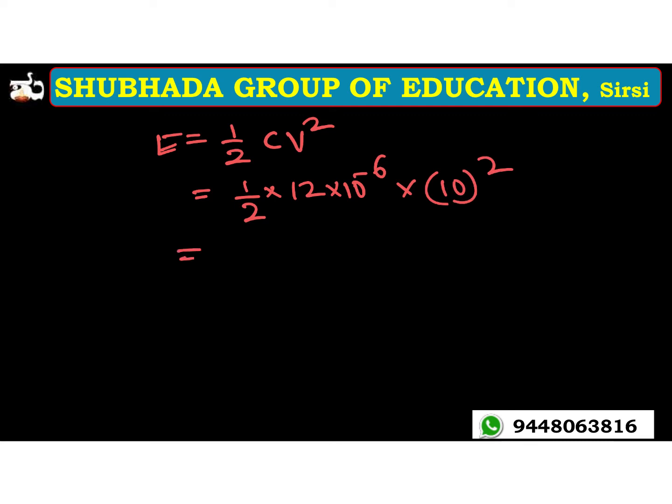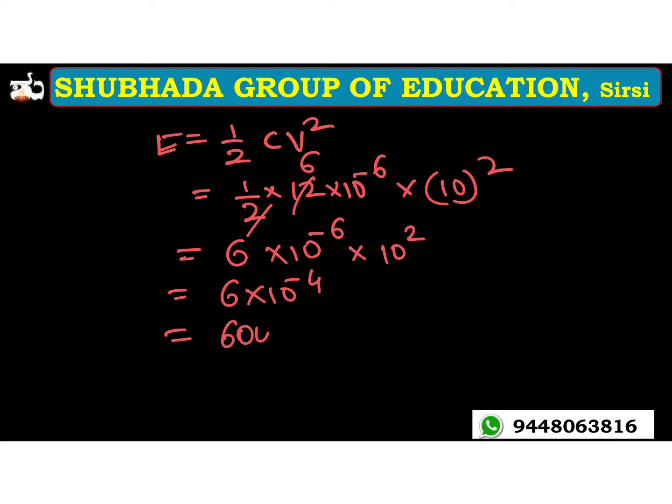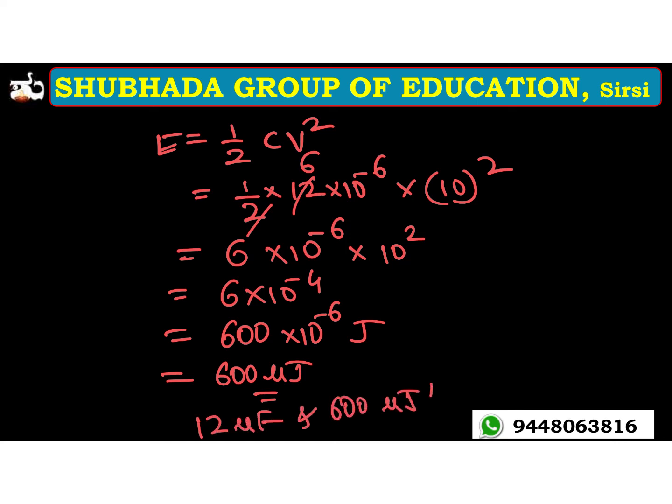So I will get 6 into 10 to the power of minus 4, which is also equal to 600 into 10 to the power of minus 6 joules, or 600 microjoules. Therefore 12 microfarad and 600 microjoule should be the right answer for this problem. Hope it's clear to everyone.